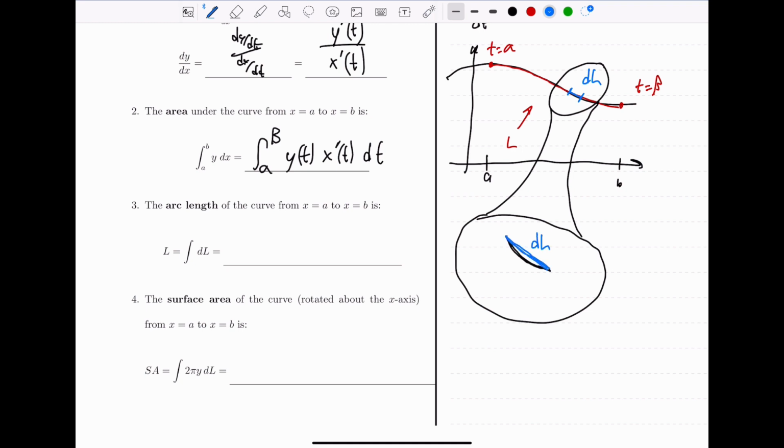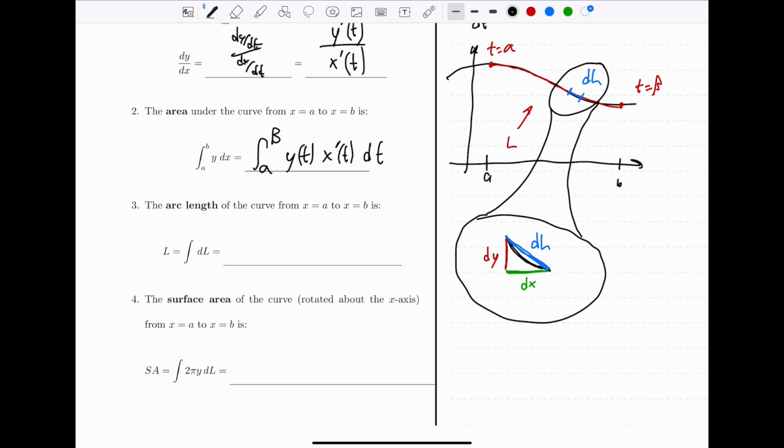And the smaller and smaller we slice, the more the curve will actually be a straight line, so the error will go away. So that length is dl. Now, if we measure along the y height here, along the vertical, this is some small change in y. We'll call that dy. And then we have a small change in x along the horizontal. We'll call that dx.